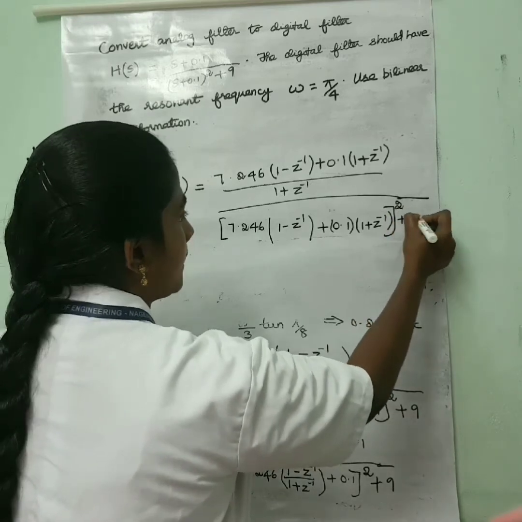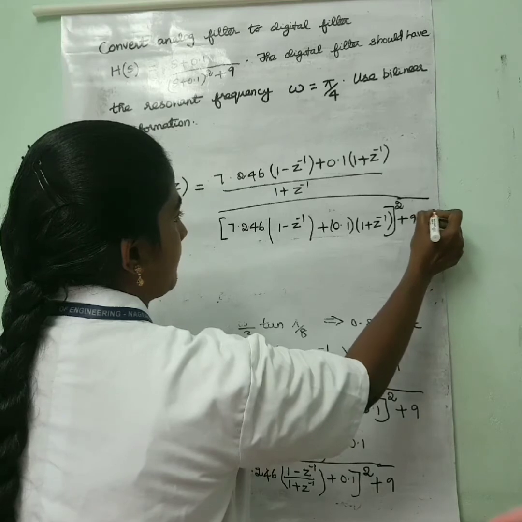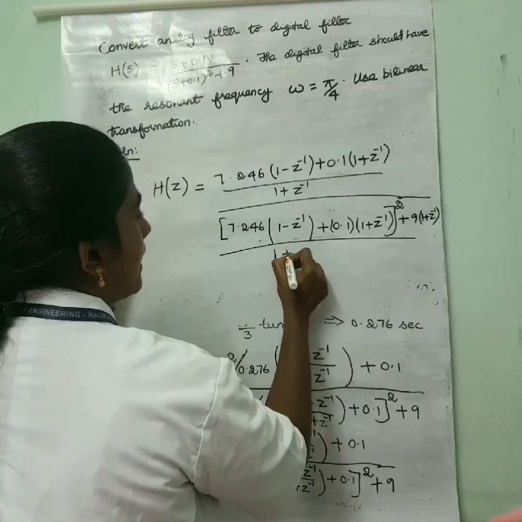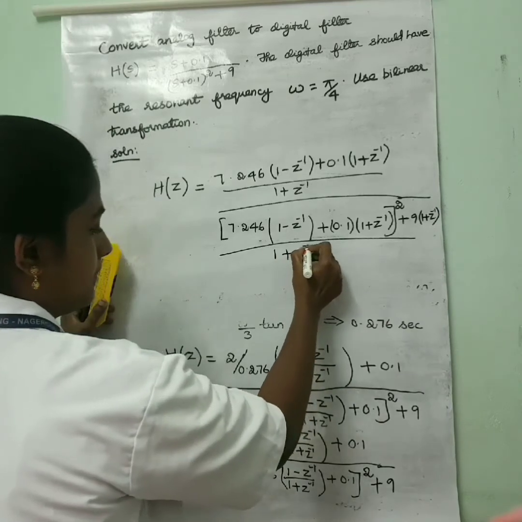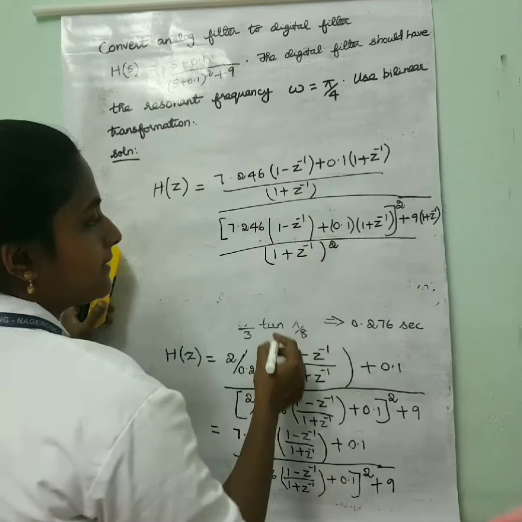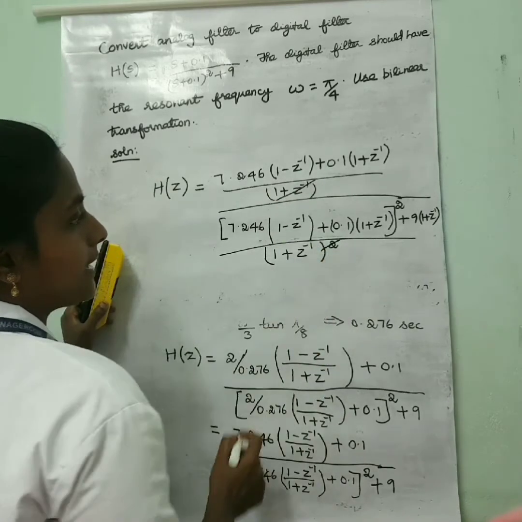So you will get 9 into (1 plus z power minus 1) the whole square. So the (1 plus z power minus 1) and the whole square will get cancelled.